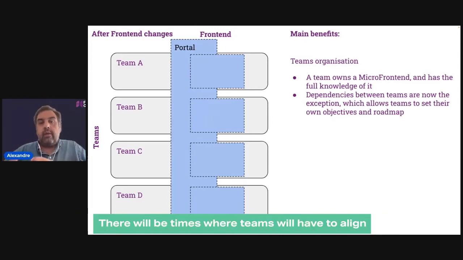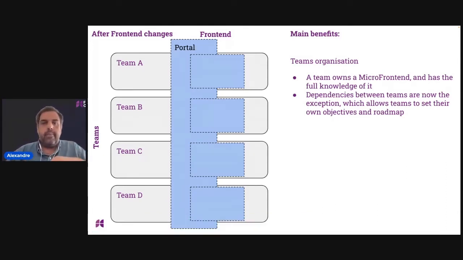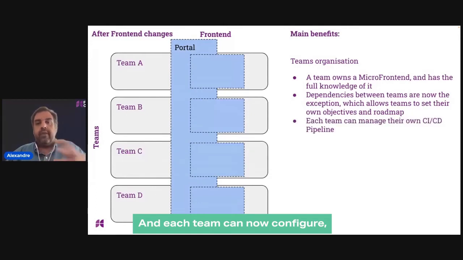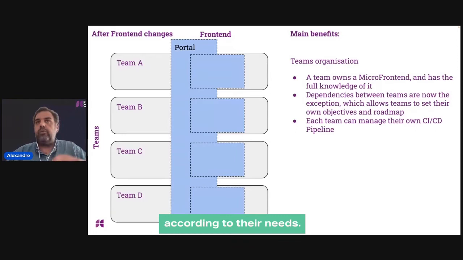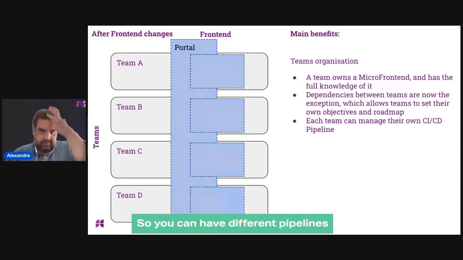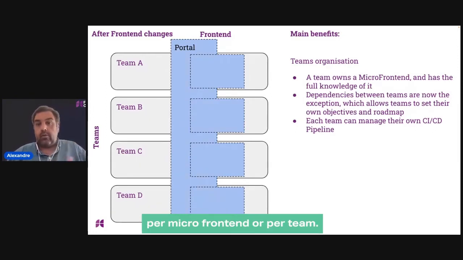There will be times where teams will have to align objectives and roadmaps, but these will be the exceptions and not the norm. And each team can now configure and manage their own CI/CD pipelines according to their needs, so you can have different pipelines per micro frontend or per team.